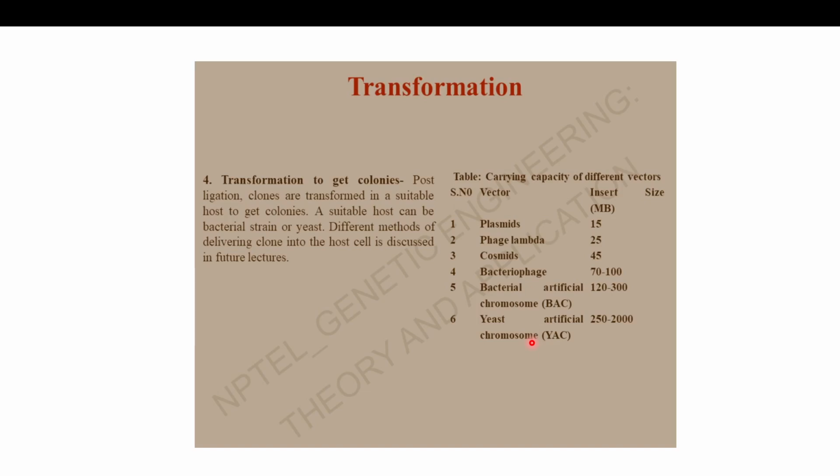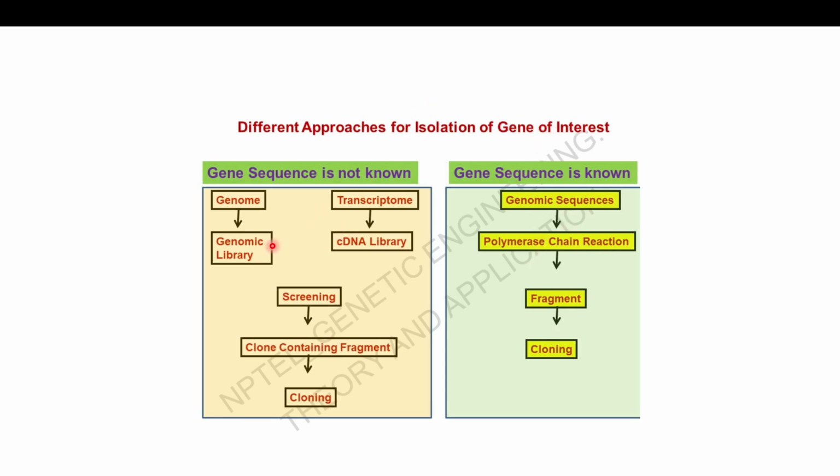So it has really bulky fragments to ligate and form recombinant DNA. The carrier in those cases are YAC vectors, what we saw in the very first few slides. And then there's the bacterial artificial chromosome, BAC, which can have an insert of 120 to 300 megabases. And then plasmids usually can have 15 megabases of insert. So this is what we looked at: creation of a genomic library.